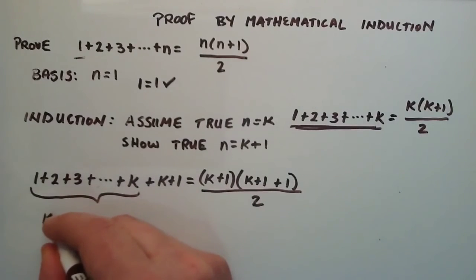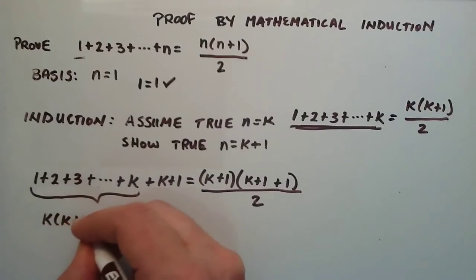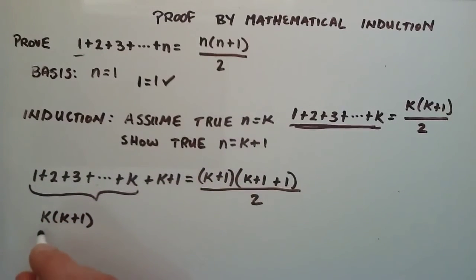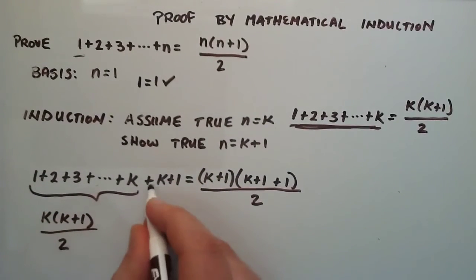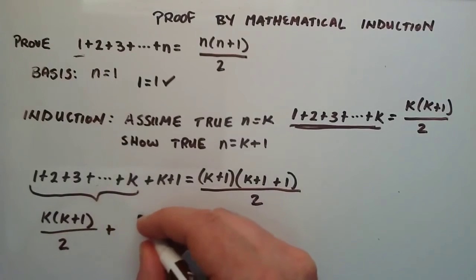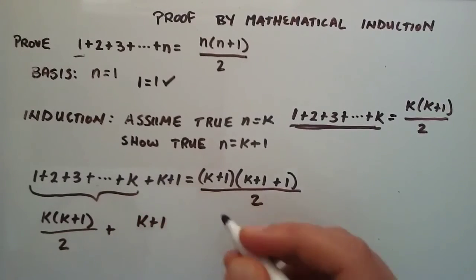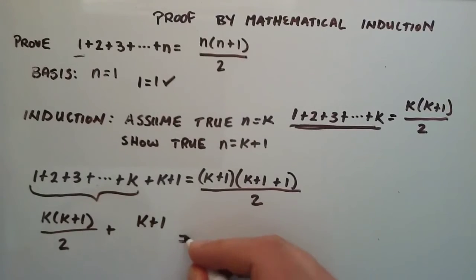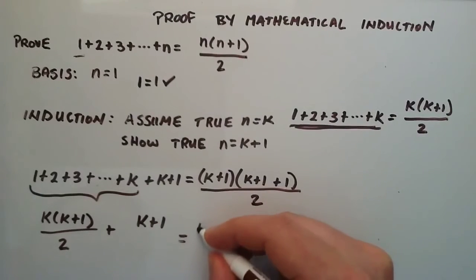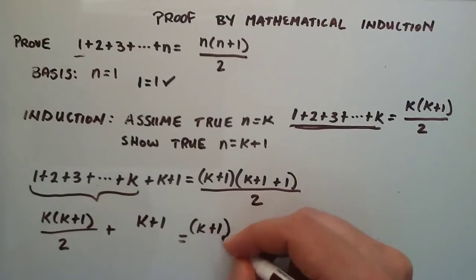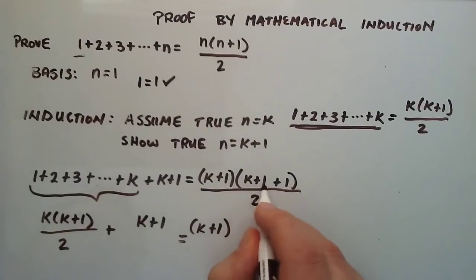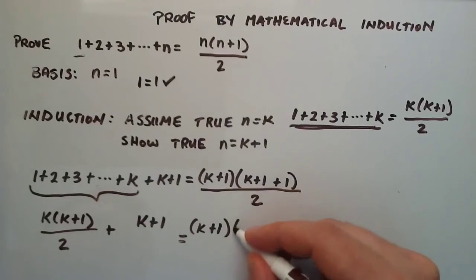So this becomes k times k plus 1 divided by 2, and then we add that to the k plus 1 over here, and then we're going to check, is that equal to k plus 1 times, and here this is really k plus 2, divided by the 2.